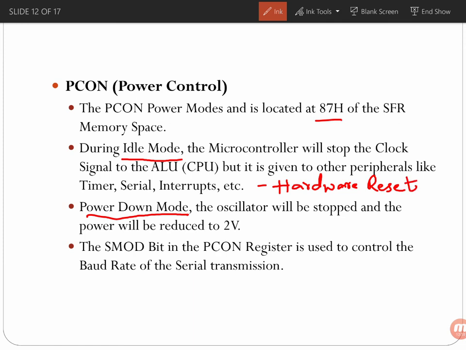And during the power down mode, the oscillator will be stopped and the power will be reduced to 2 volts. To terminate the power down mode, we need to use the hardware reset.